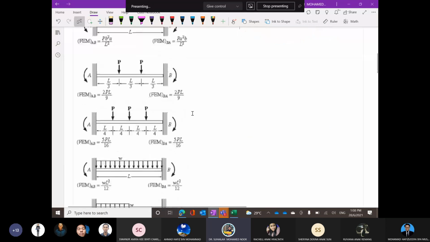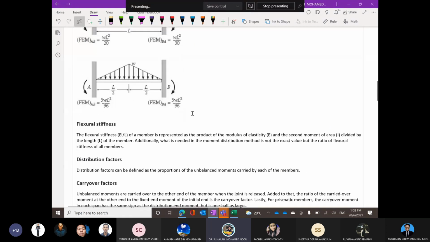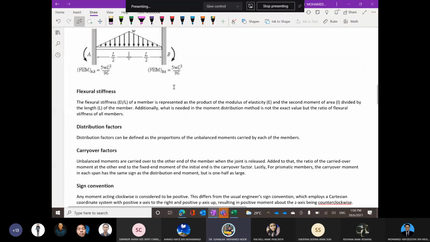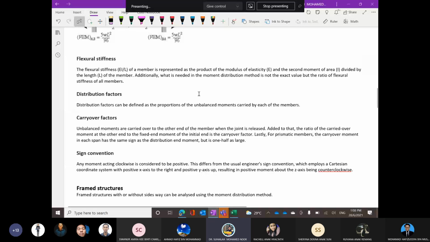Then we move to calculating the end moment, which is the objective or goal of the moment distribution method. We need to start with identifying the stiffness factor.